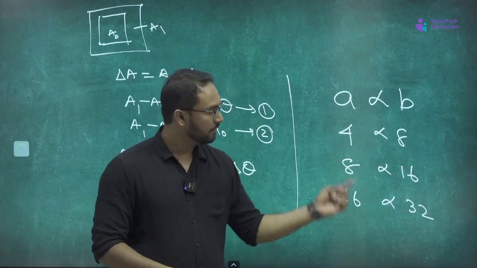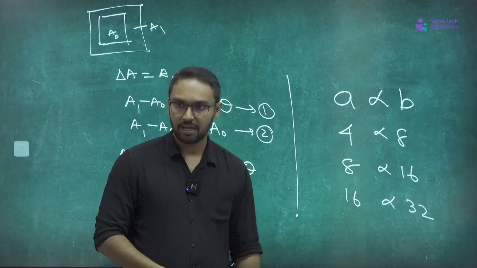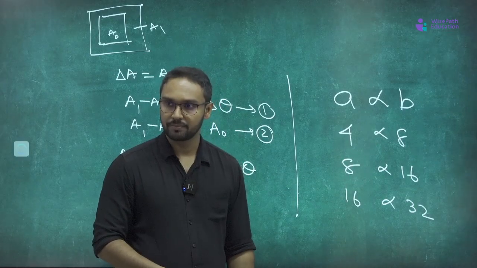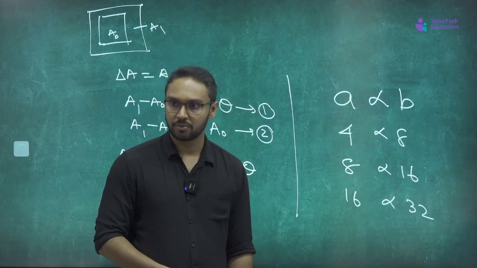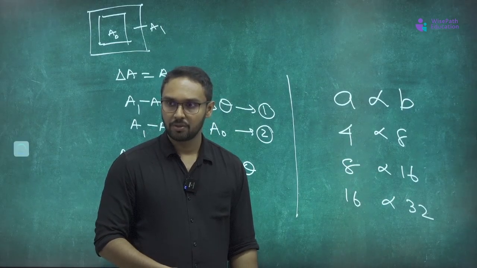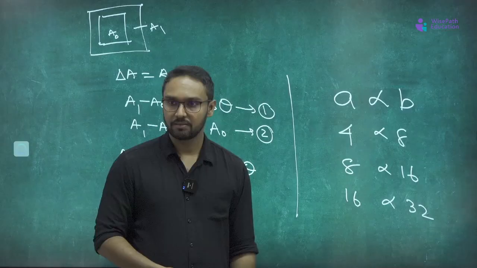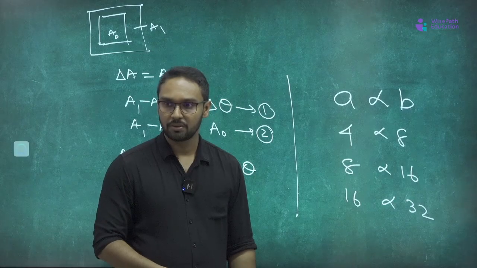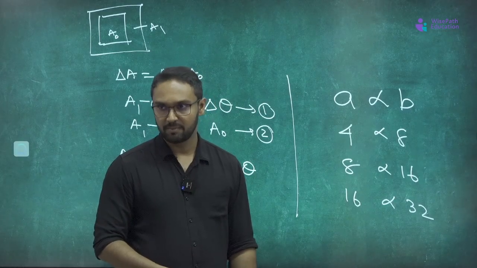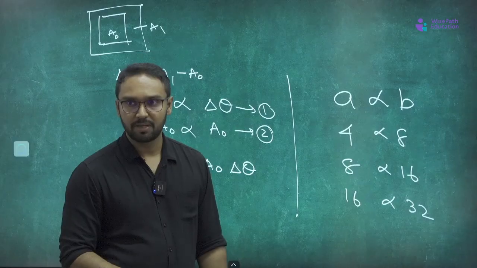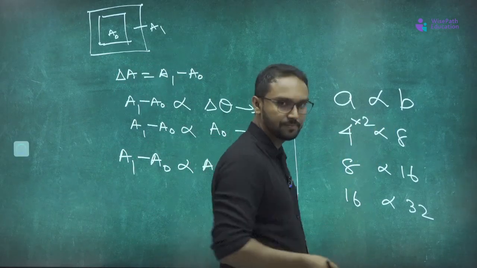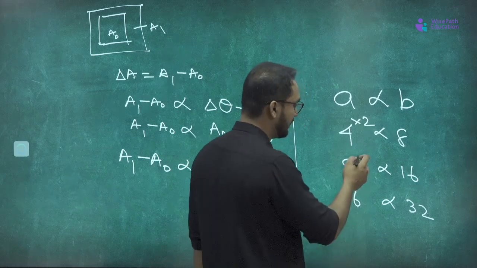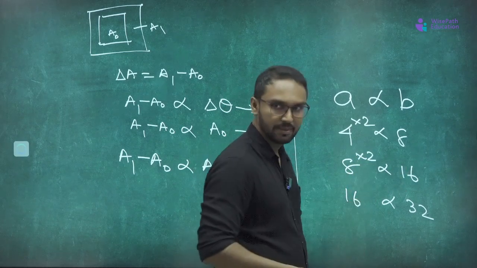So if you want to make these two an equation, what should you do? To make 4 and 8 equal, what should you do? You have to multiply it by a constant number. If you multiply this by 2, this will be 8. And if you multiply this by 2, this will be 16.